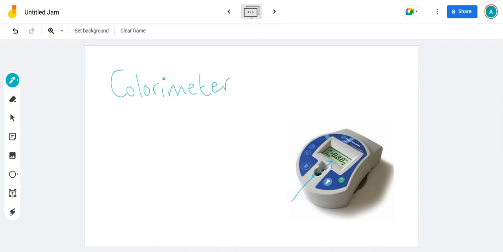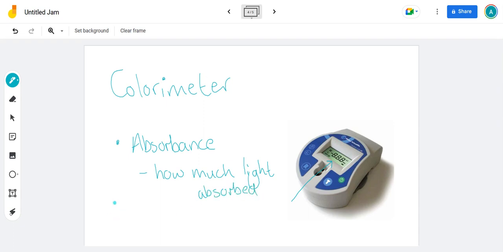It shines the light through it. There's two settings. You can either have it on absorbance, which measures how much of the light is absorbed, or you can have it set on transmission, which detects how much light passes straight through your sample.